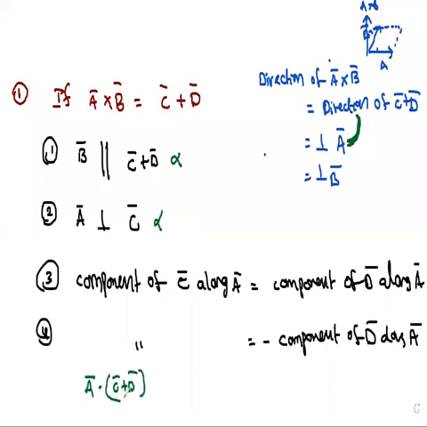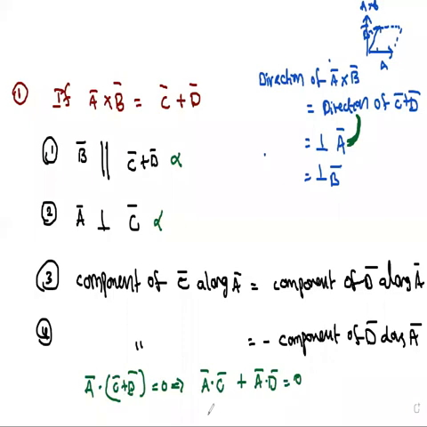So A bar dot C bar plus D bar, the dot product of these two vectors, will be 0. Then by multiplication we can write A bar dot C bar plus A bar dot D bar, and this is equal to 0.